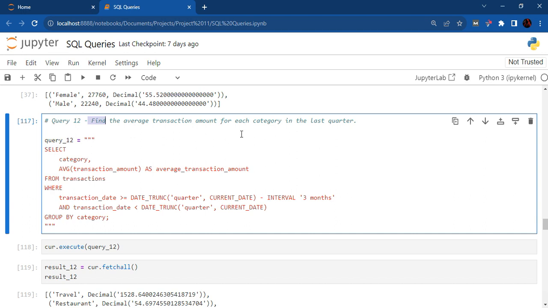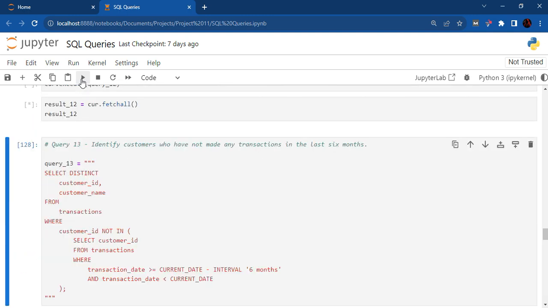So we have to make sure that 3 months before today is included, and the transaction date should not be greater than today, so we use less than, to get the last quarter. The transaction amount for each category in the last quarter, and group by category here.